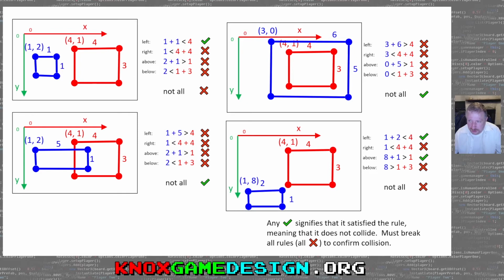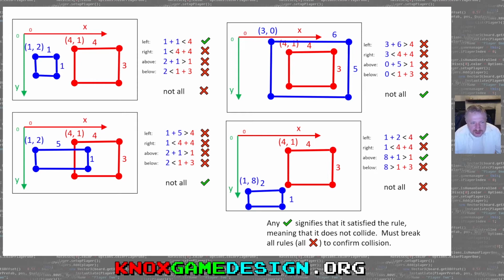And is it completely below? No, 0 is less than 1 plus 3. So they do collide because none of those rules were validated. By the way, the second rectangle is at position x equals 3, y equals 0 with a width of 6 and a height of 5. It completely surrounds the first rectangle, meaning that the two do collide.